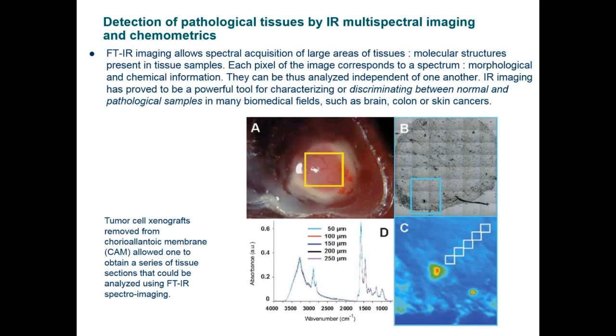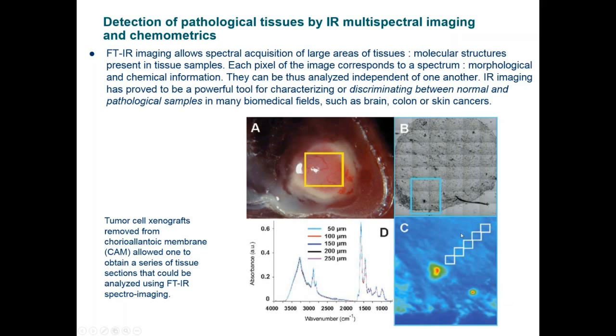So you can see here the sequence of the tissue. After the tissue has been removed, you have this histology sample observed by a normal optical microscope. And then you zoom into that image, which enables you to do the FTIR imaging setup.